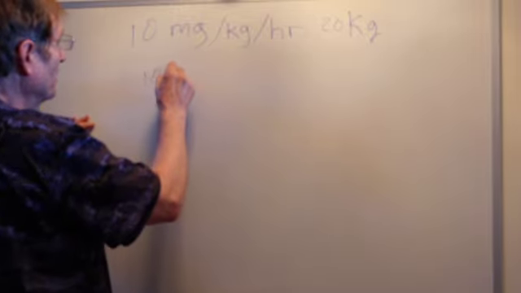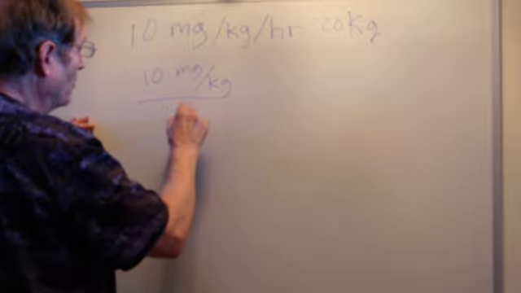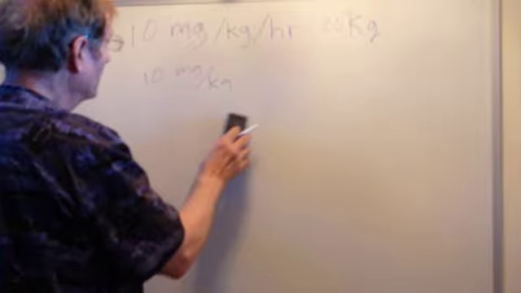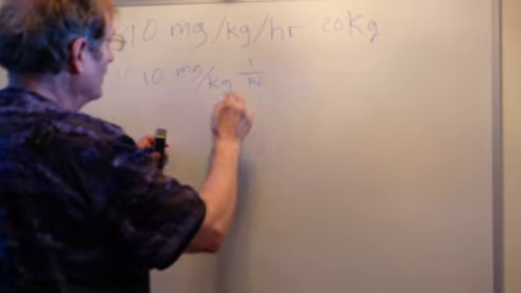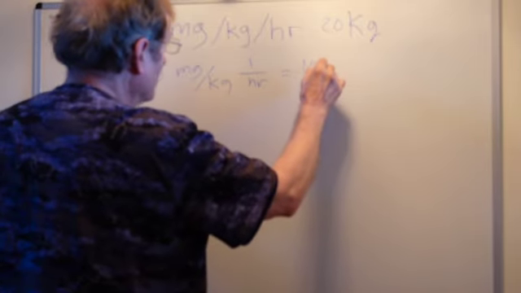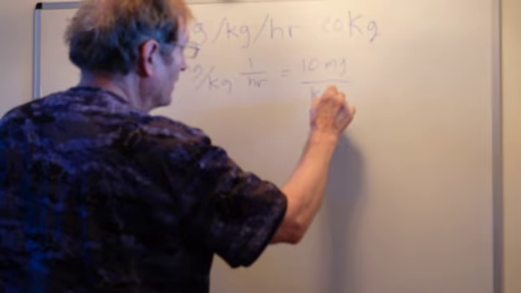So we'll have 10 mgs per kg every hour. I'm going to multiply by the reciprocal, 1 over hours, and get 10 mgs per kg hour.